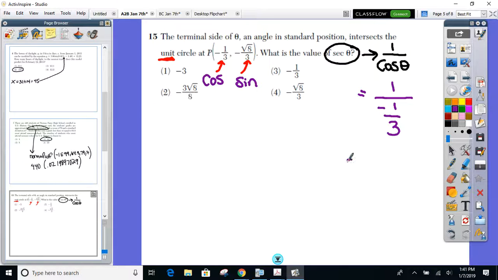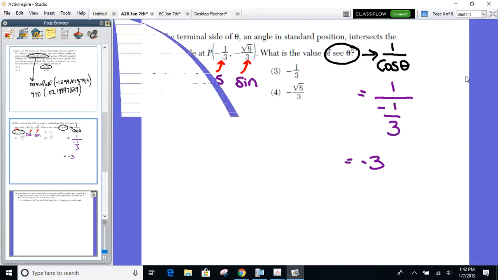And then I'll let you guys do that computation. -3. Okay, leave that sheet out. It's not going anywhere. All right, so secant is 1 over cosine.